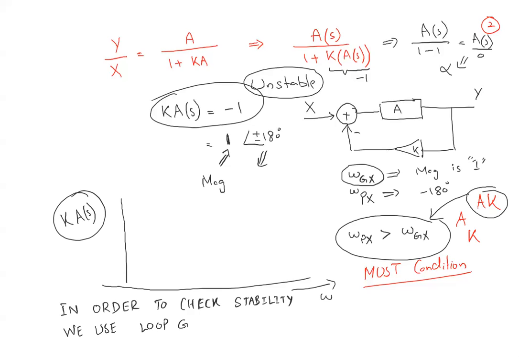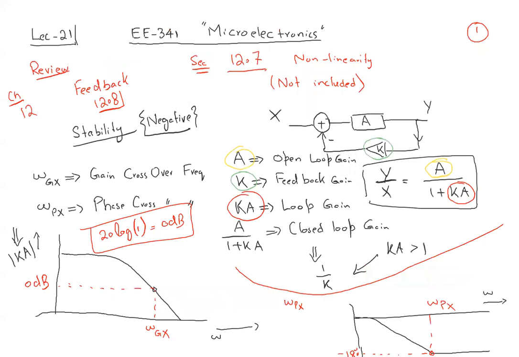And what is loop gain? K times A, the product of open loop gain and feedback gain. Okay? Make sure your terminologies are clear, which I just mentioned also here explicitly. What is open loop gain? What is feedback gain? What is loop gain? And what is closed loop gain? Okay?